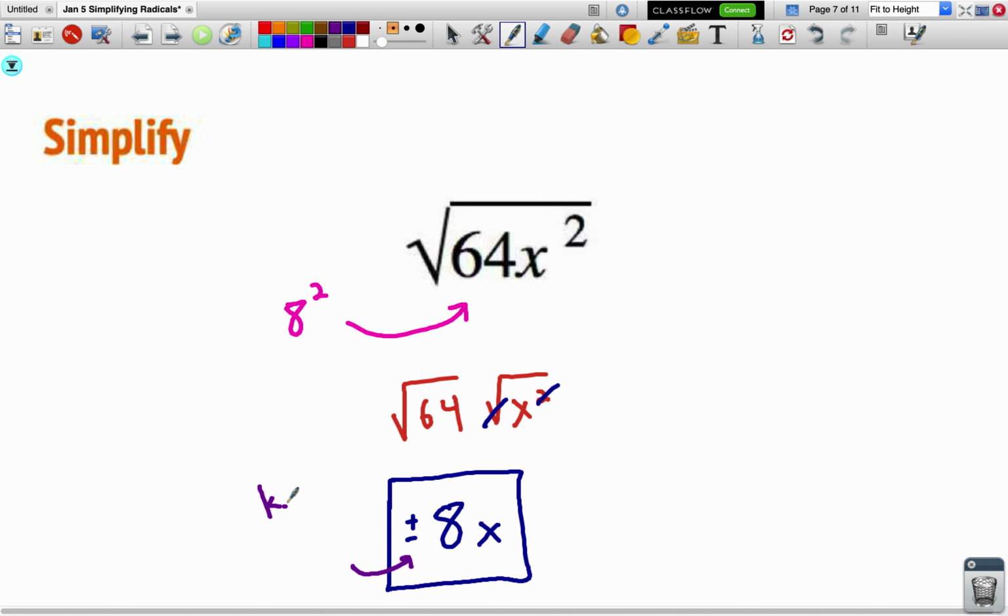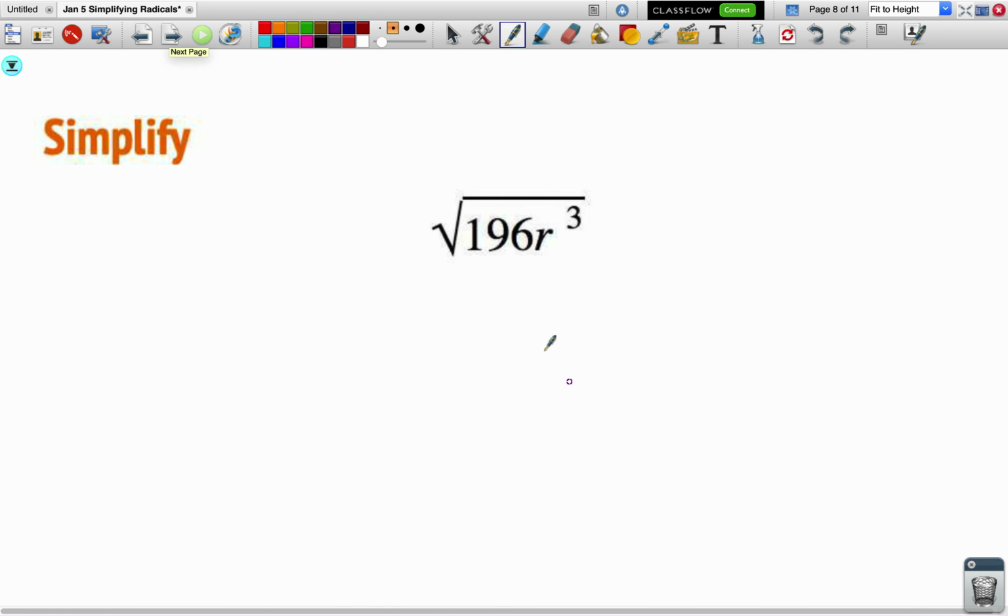So I'll just say keep a plus minus if no square root left. Okay. Hopefully that's clear.